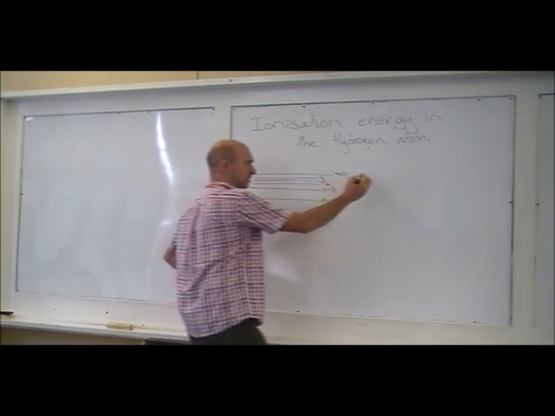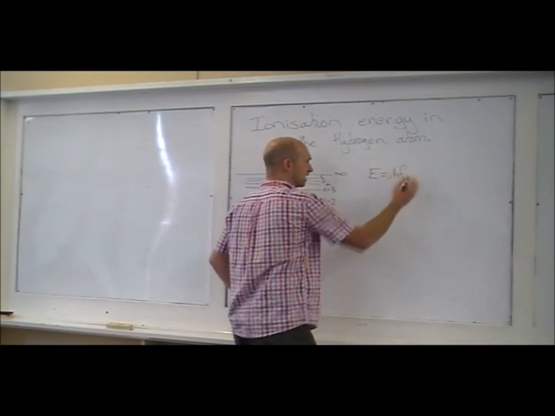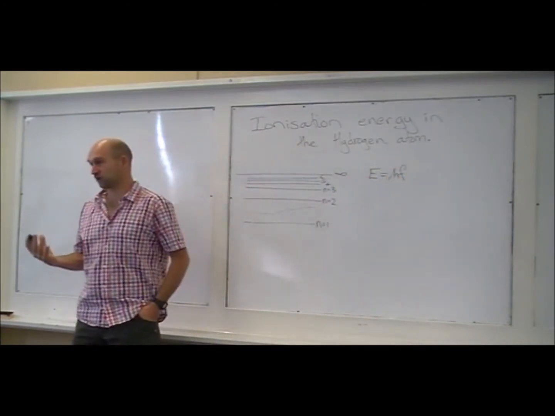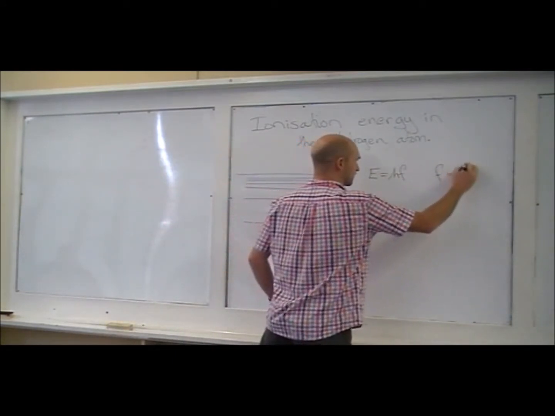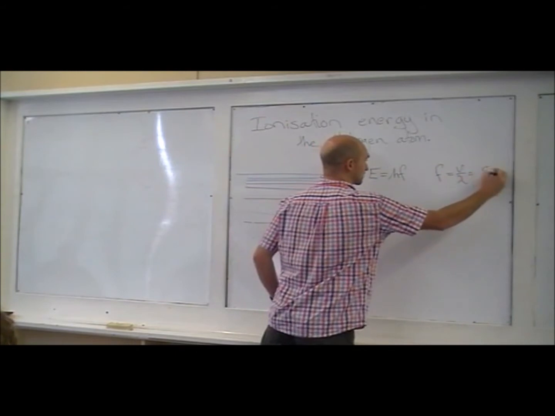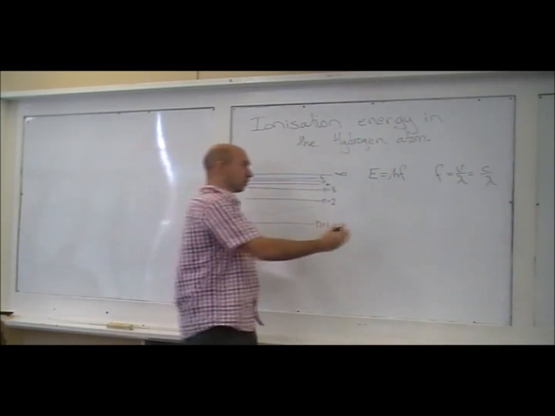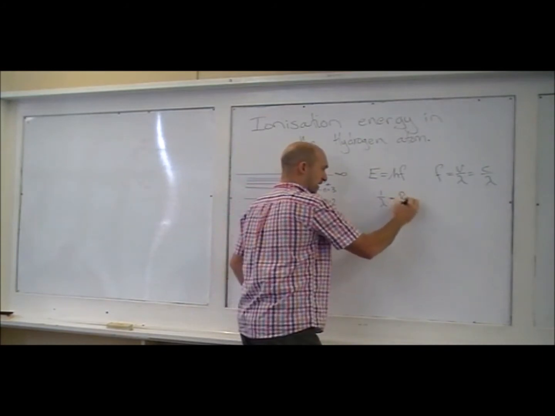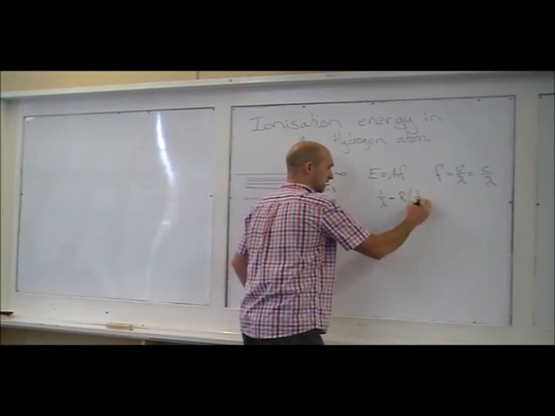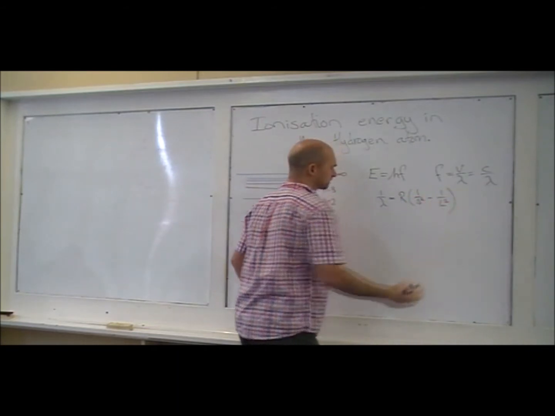Remembering that E is hf for any photon, and that f is v upon lambda, which is just c upon lambda, and that 1 over lambda is R(1 over S squared minus 1 over L squared).